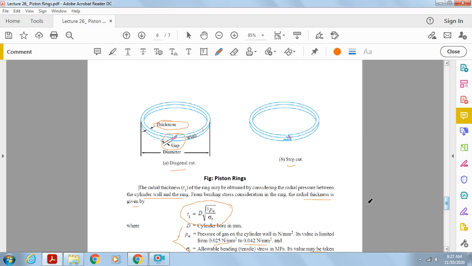I have not provided this diagram again here, but you have your study material with you. Please refer to that study material where this trunk type piston is depicted, and follow this diagram along with this lecture.